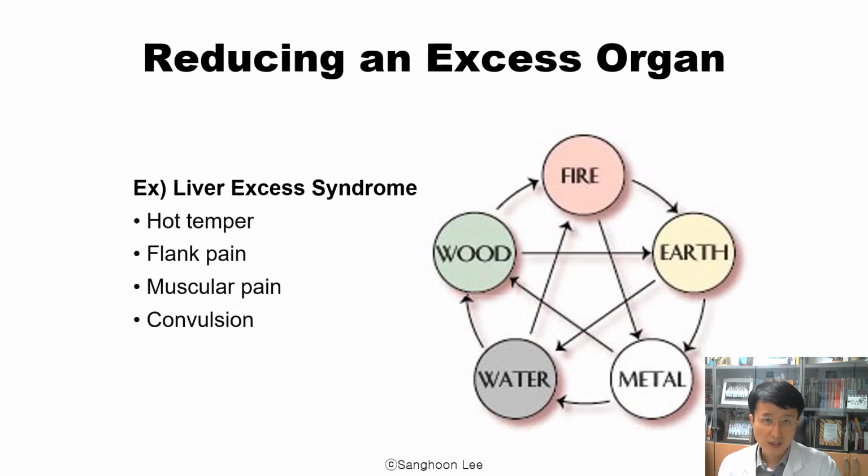Let's see the excess case. If liver meridian is in excess and the patient has hot temper, flank pain, muscular pain, and convulsion.